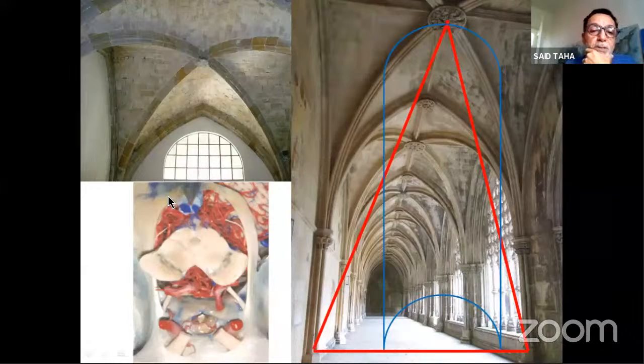This is the tentorium with the free edge, the part behind the brainstem that covers the upper part of the cerebellum. That's the three-dimensional shape, not triangular or U shape.